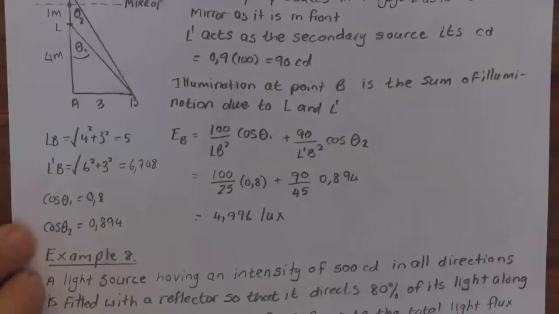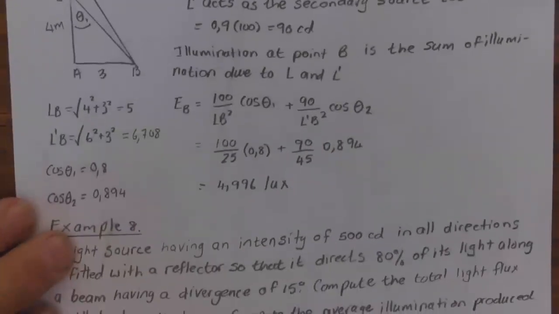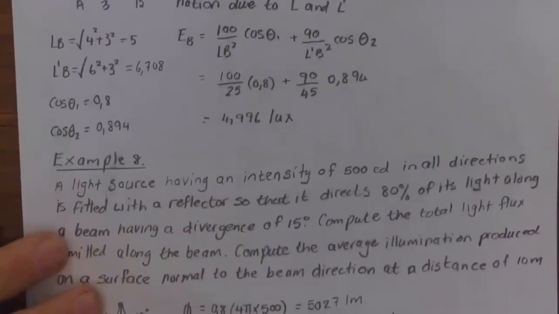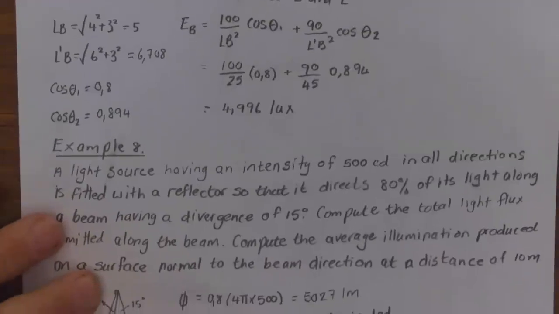Now EB is 100 divided by LB squared times cos theta 1 plus 90 over L dash B squared times cos theta 2. And therefore it's 100 over 25 times 0.8 plus 90 divided by 45, which gives us 0.9894, which gives us a total of 4.996 lux.